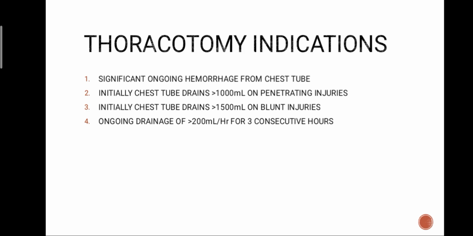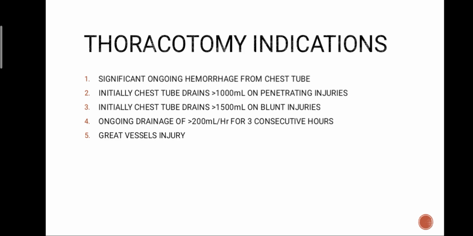Then the ongoing drainage is more than 200 ml per hour for 3 consecutive hours. So for 3 hours, for every hour there is more than 200 ml of blood running out of the tube. You have to do thoracotomy.